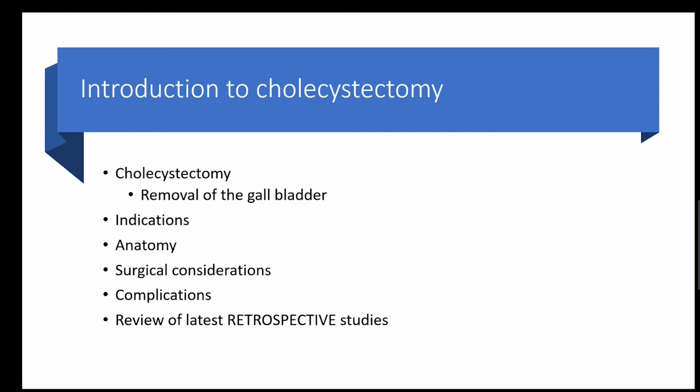I did highlight here the shortfall or downside of most of these articles, as they are all retrospective studies. That's something to bear in mind. There's a lot of interesting information, but in general, not a lot to help us with some of the important decision making, unfortunately.